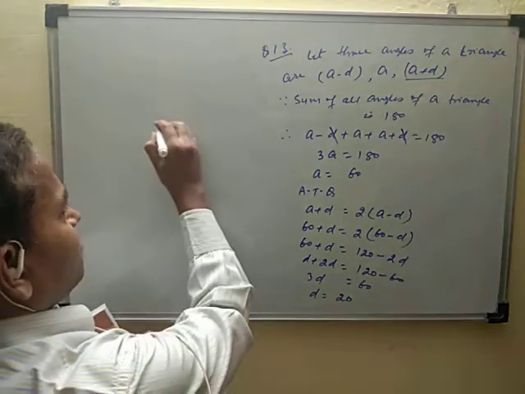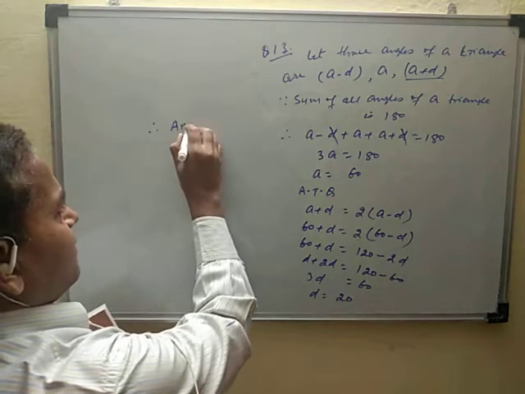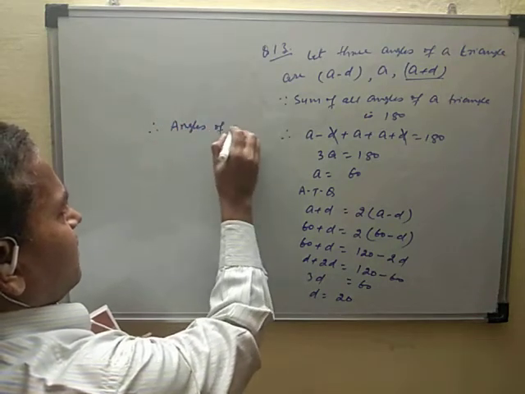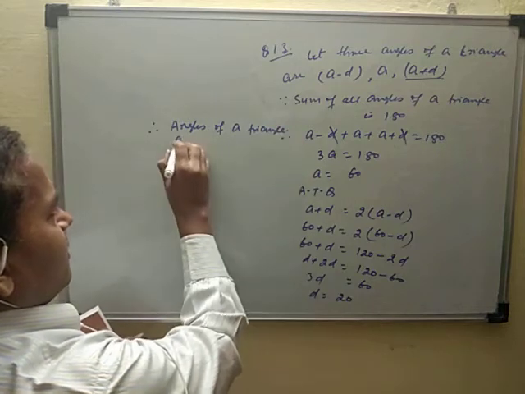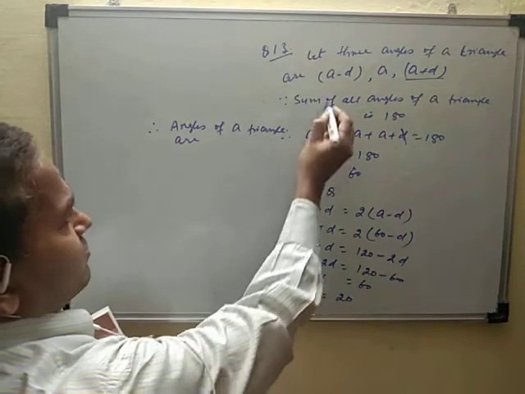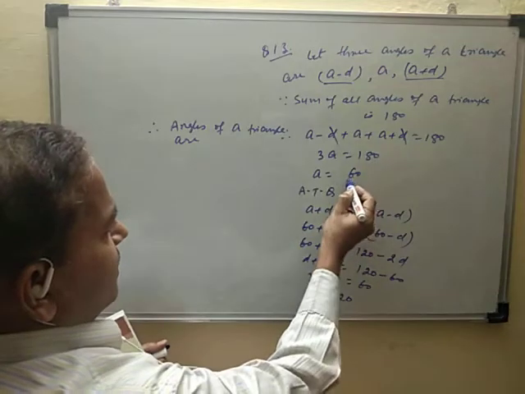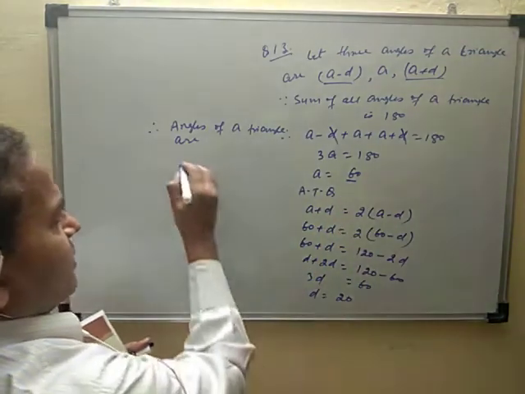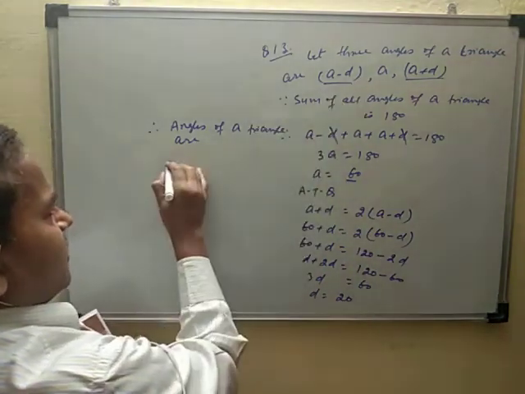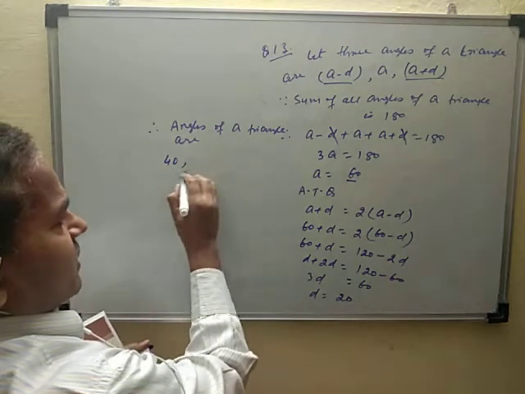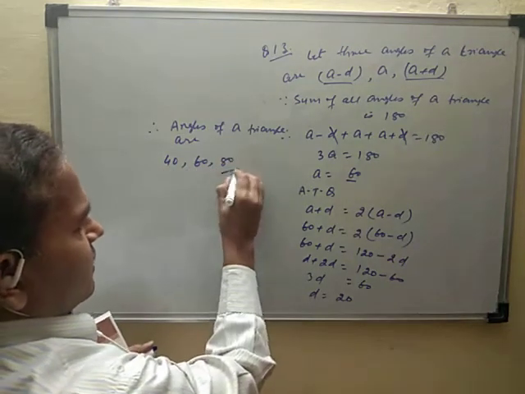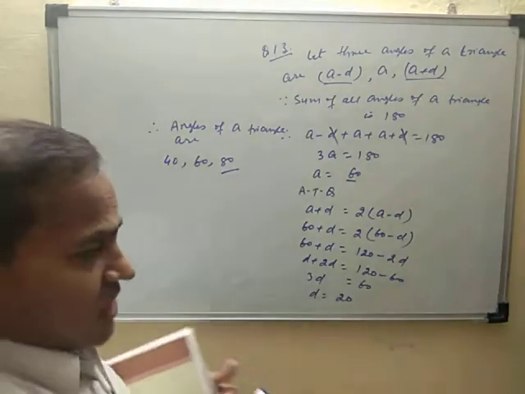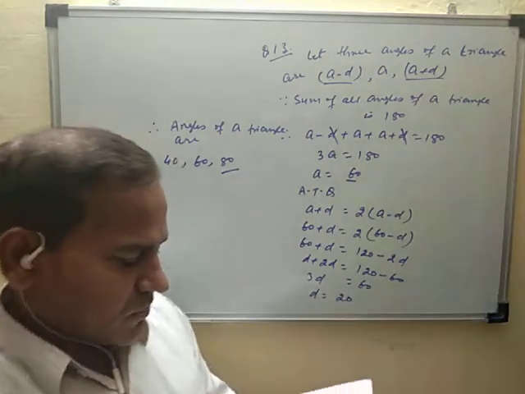Therefore the angles of the triangle are: A minus D, A is 60 and D is 20, so 60 minus 20, that is 40. A is 60, and 60 plus 20, that is 80. So these are the angles of the triangle.